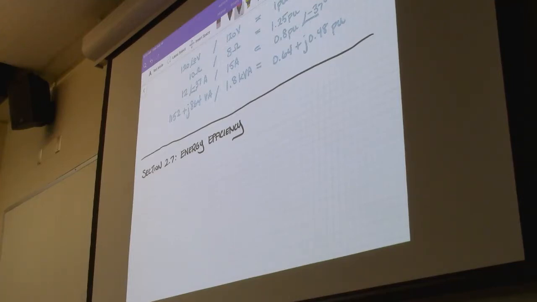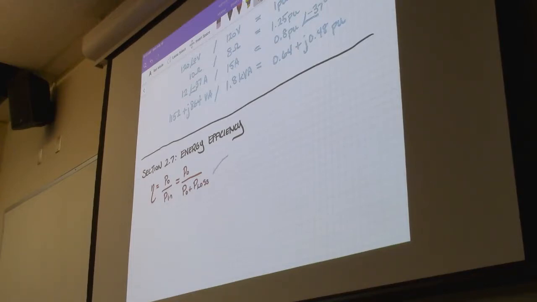So our efficiency will be equal to the output power divided by the input power, which you can also define as the output power divided by the output power plus the loss.